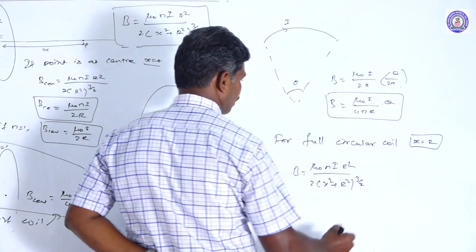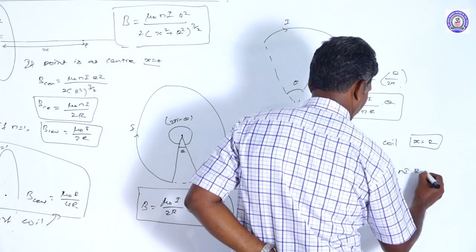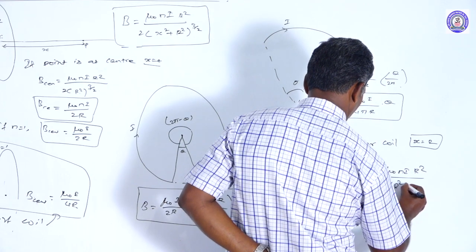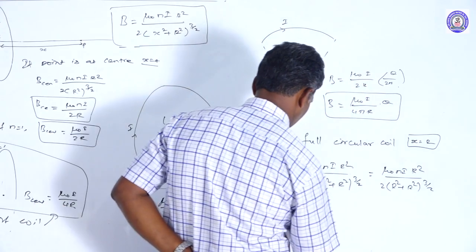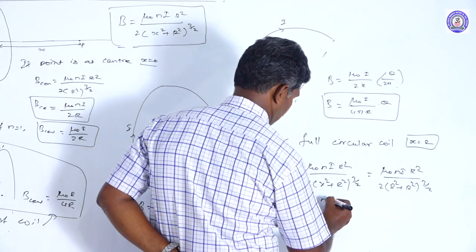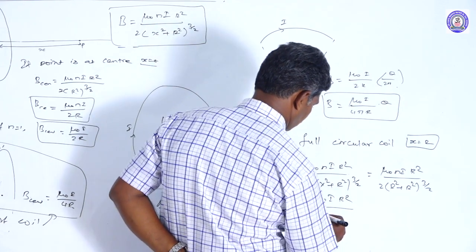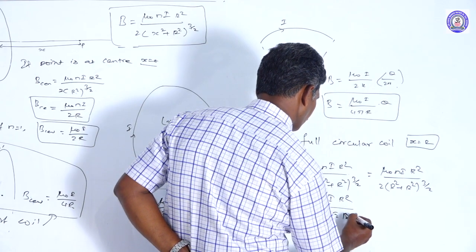If x is equal to r, we get mu naught N I r square divided by 2 of r square plus r square power 3 by 2. Then B is equal to mu naught N I r square divided by 2 into 2 root 2 r cube.